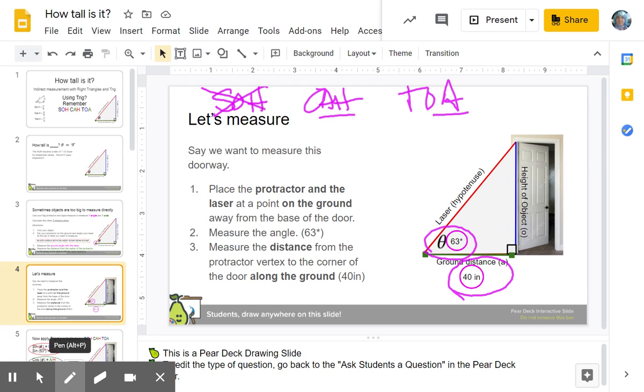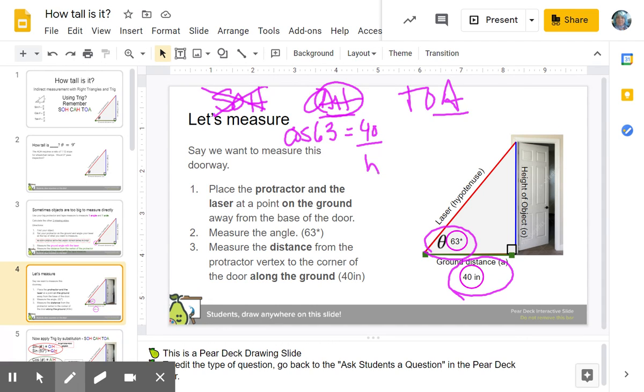I cannot use sine because I don't have the O or the H, right? When you go to fill this in, you're going to do cosine of your angle. So the 63 always goes next to the cosine. And then you make a fraction out of the A and the H. So A is 40 and H is down here.